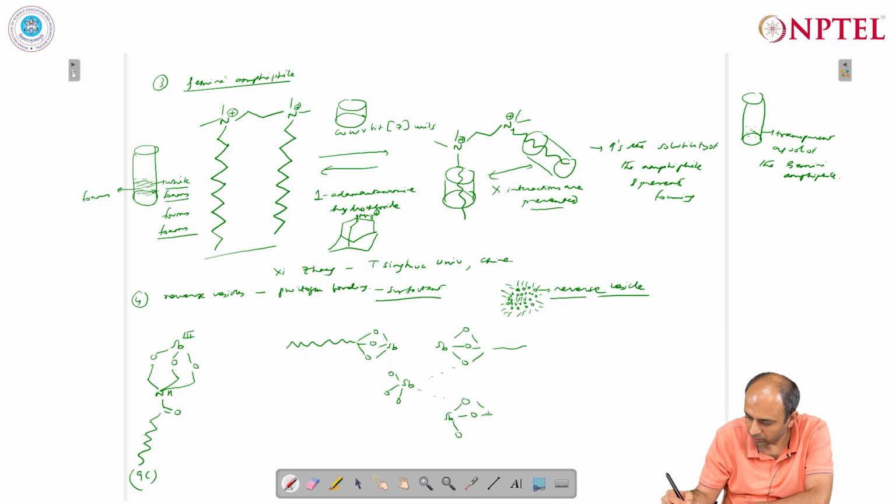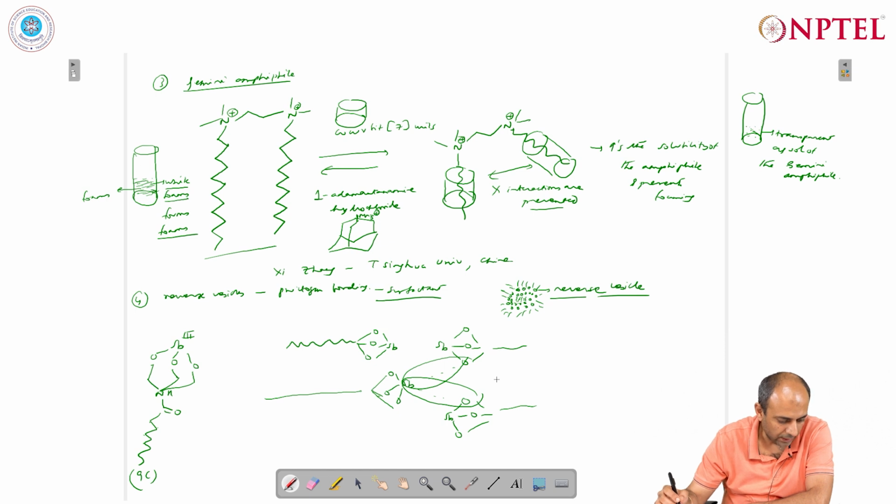So this kind of nitrogen bonding contacts can lead to the formation of these reverse micelles.